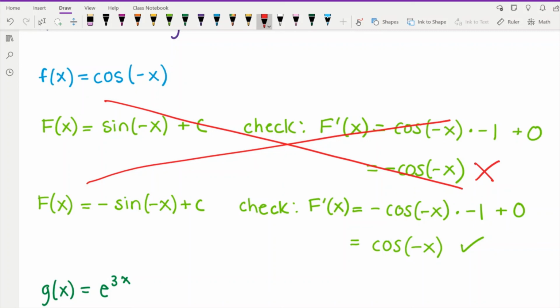Checking your work is going to be so important to really understanding why antiderivatives work the way they do. That's what we're doing here: guessing something that seems like it could be right, finding the derivative and realizing that's not quite right, and using what we found for our derivative to adjust the antiderivative and come up with the correct one. So this is our correct antiderivative.